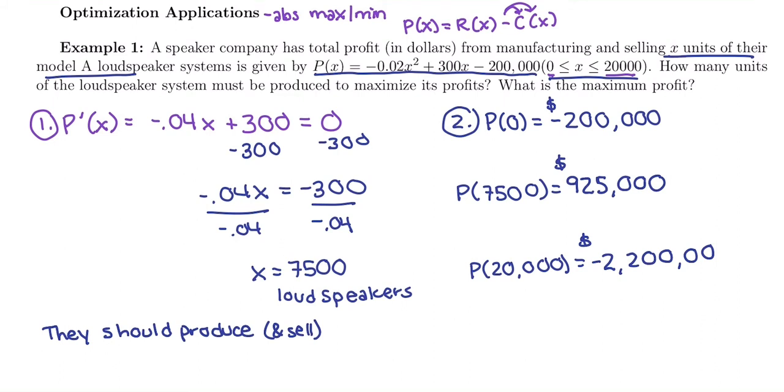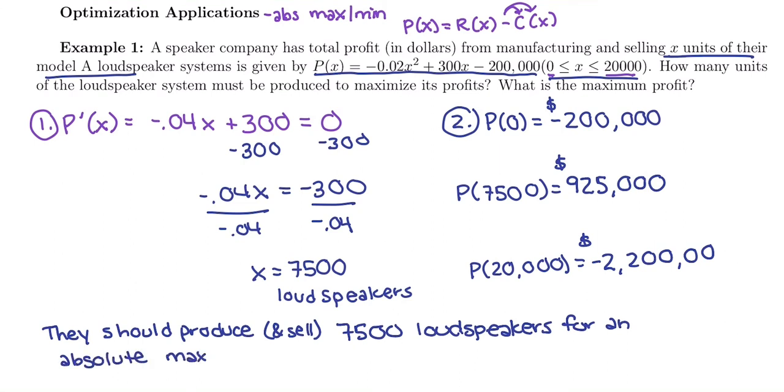They should produce and sell 7,500 loudspeakers for an absolute max profit of $925,000.